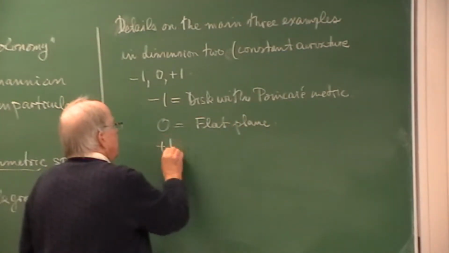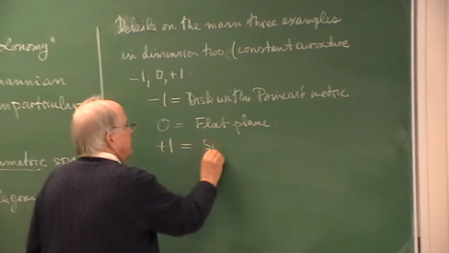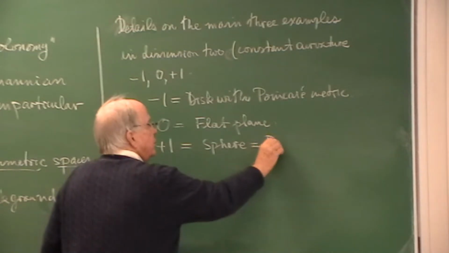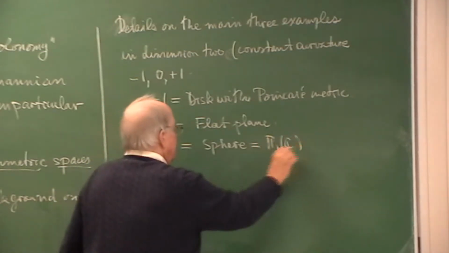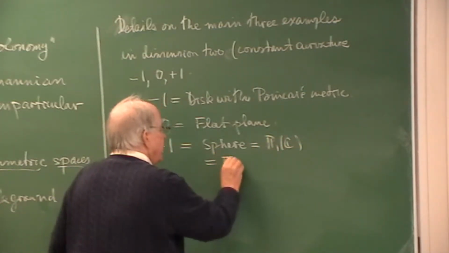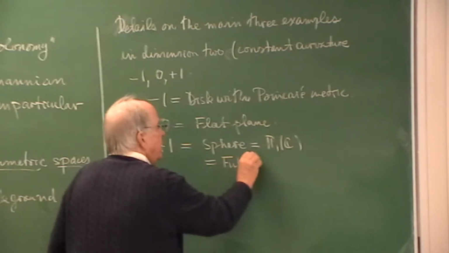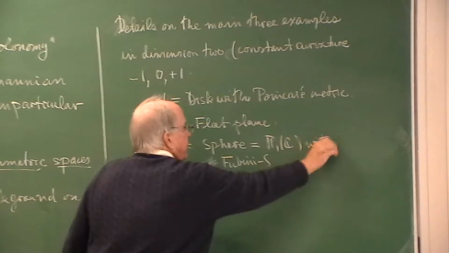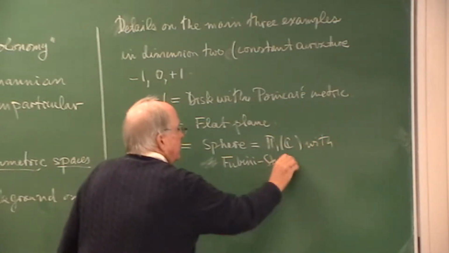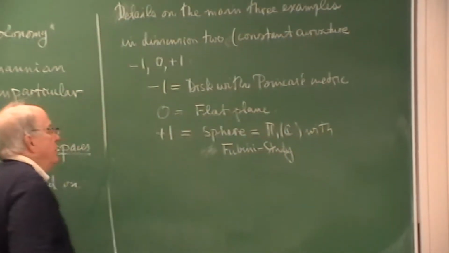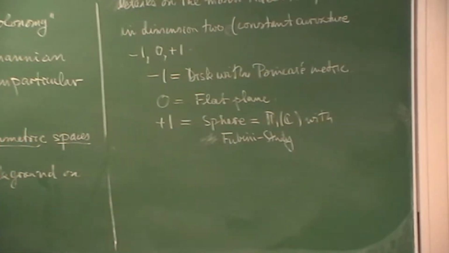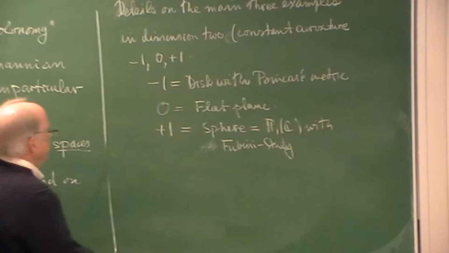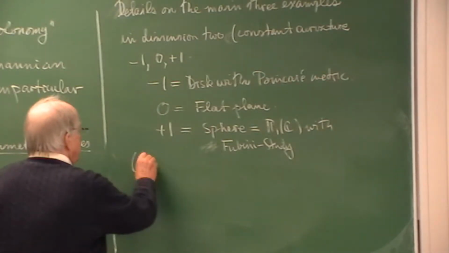And +1 is the sphere, identified with P1C, which is equipped with the Fubini-Study metric. So these are the constant curvature things. These are the simply connected ones.